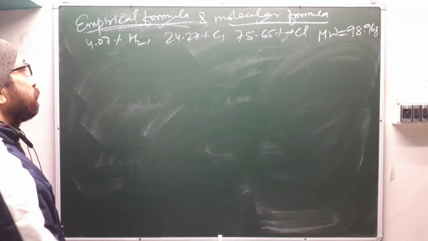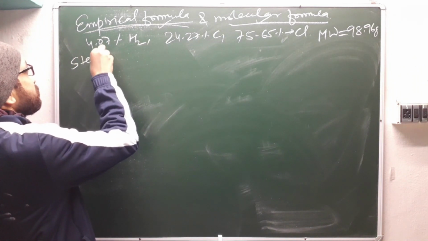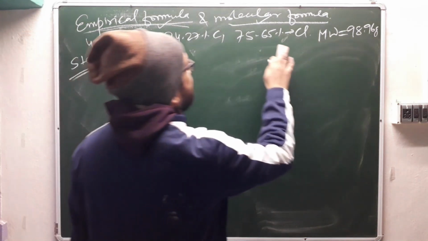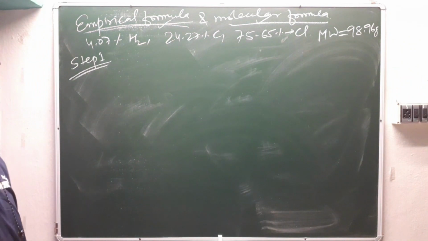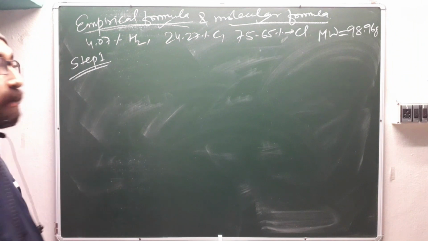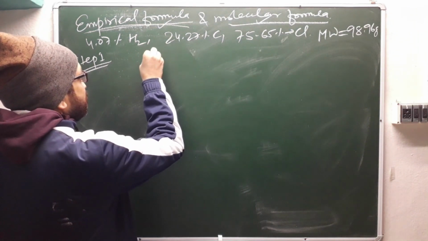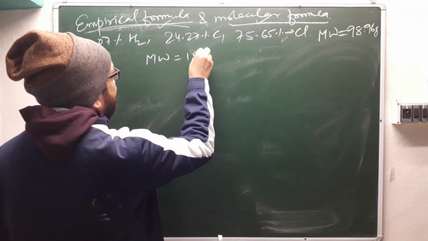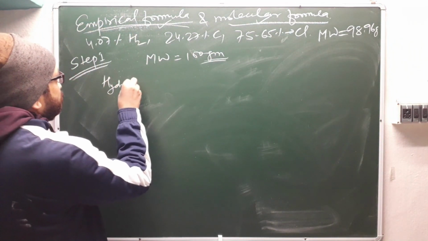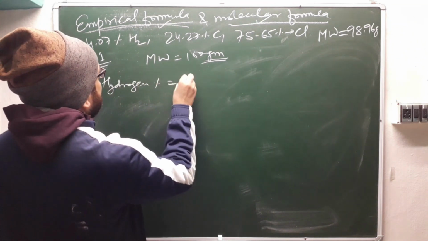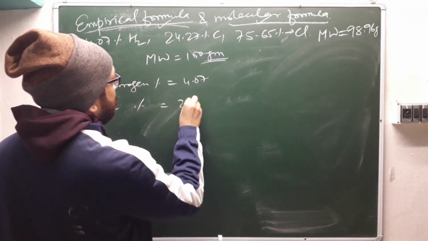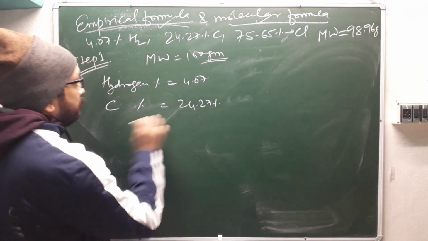So how will you proceed? Step 1, we will do it step-wise. Everything is given in percentage, right? So let's assume that the molecular mass of this particular compound is 100 gram. In that, hydrogen percentage is 4.07, carbon is 24.27.